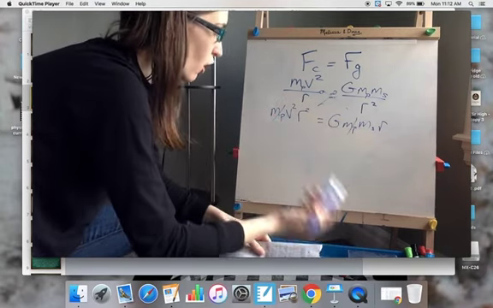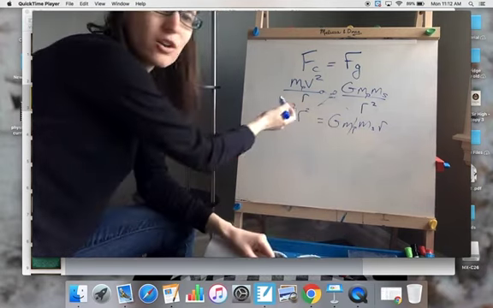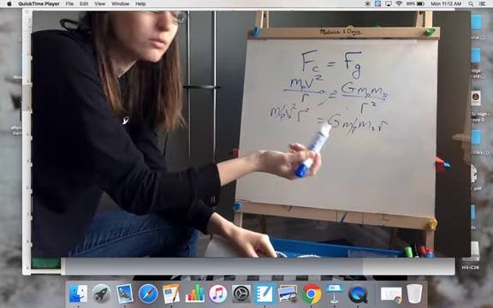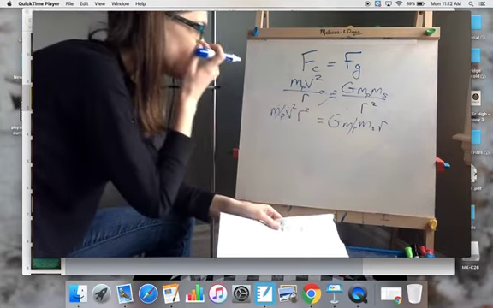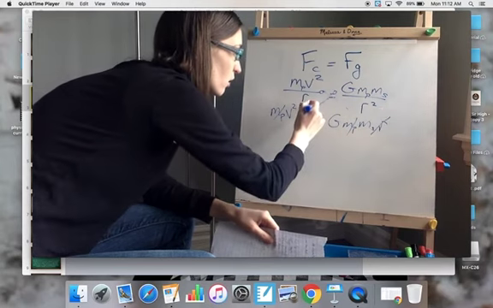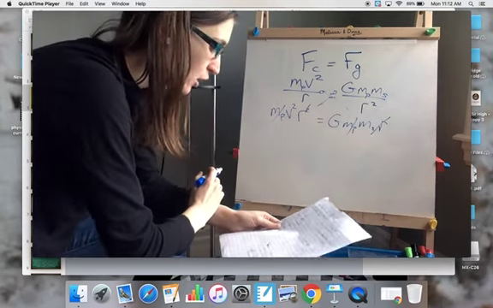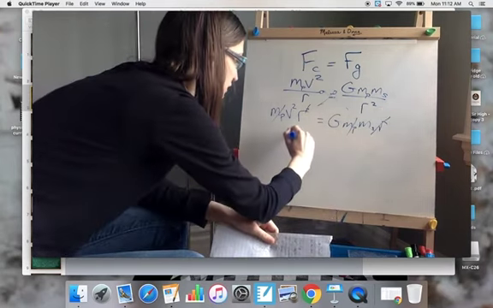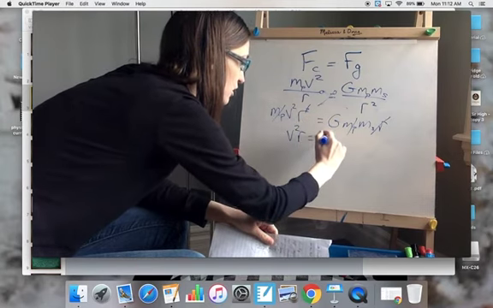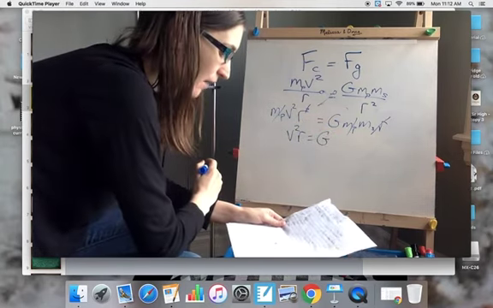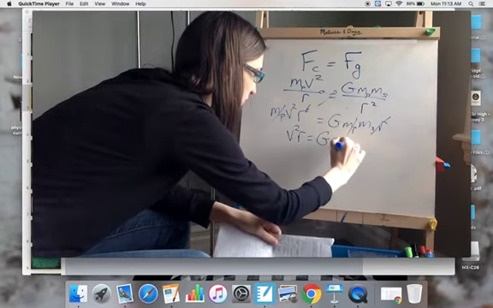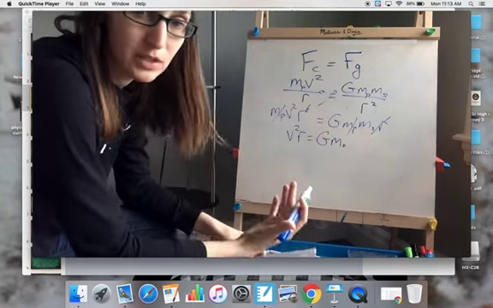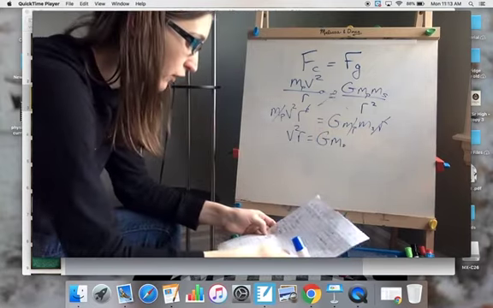There's an r on both sides, and that r is just the distance between the two objects, so obviously it's the same. So this can go along with one of these. What we're down to at this point is v squared r equals G m_s, the mass of the sun or the mass of the thing you're revolving around.